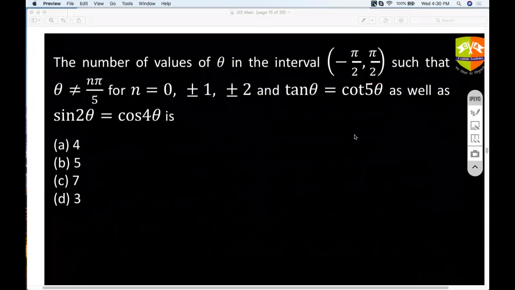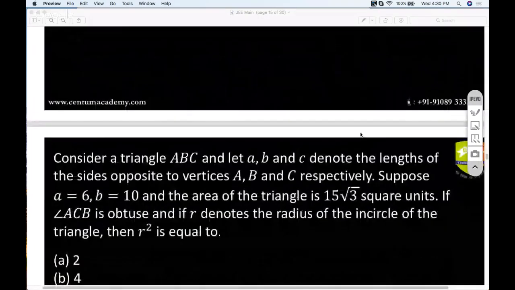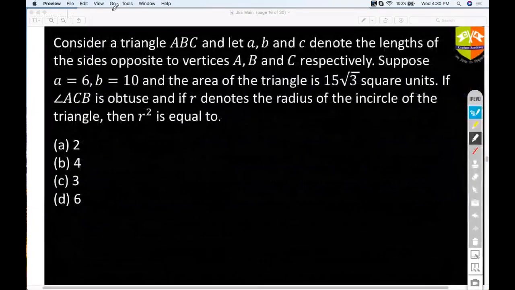Well, this was also an easy one, but should not take you more than 3 minutes. Let's start with some problems on properties of triangles. Consider triangle ABC. Let a, b, c denote the lengths of the sides opposite to vertices A, B, and C respectively.